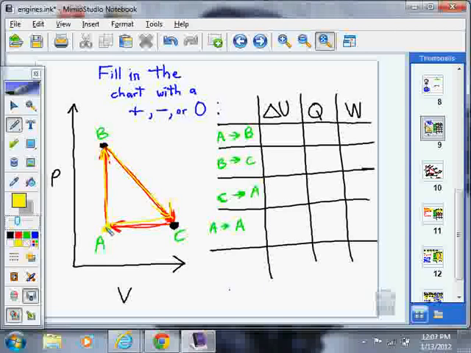So back on the chart right here, from A to A, delta U, if you add these 3 down, is always going to be 0. If it's an engine, and we talked about this at the beginning, Q is always going to be positive. The work done is always going to be negative. Now, if it's a refrigerator, it would be 0, negative, positive.